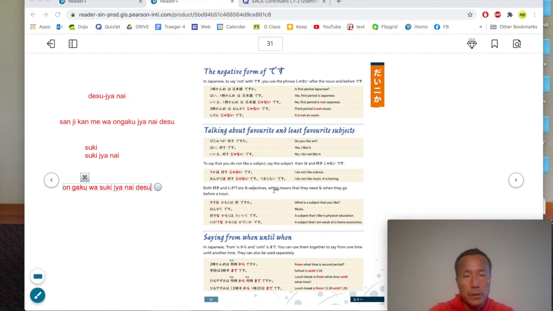Now, next one. That's the same. 好きな科目は何ですか? 好き favorite, な to make an adjective, 科目 subject, は topic marker, 何ですか? What is it?